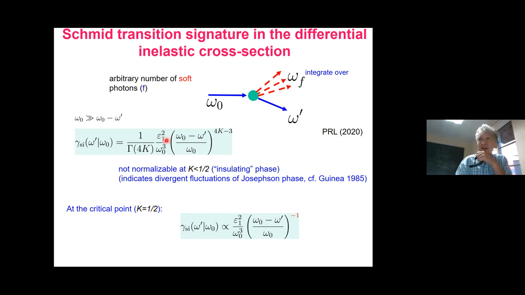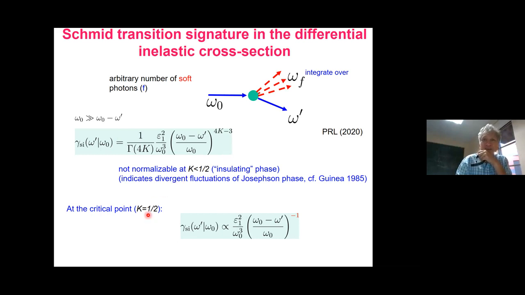But the fact that it's not normalizable is an indication that the phase fluctuations are strong, and it's an insulating phase. And if you look carefully through this Guinea paper, there is some mathematical counterpart of this object that now becomes physically accessible.